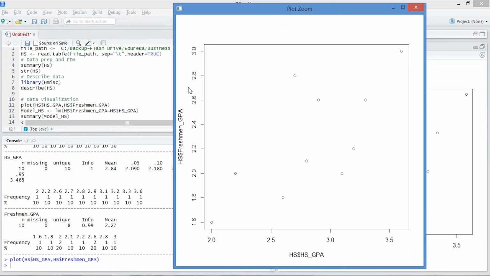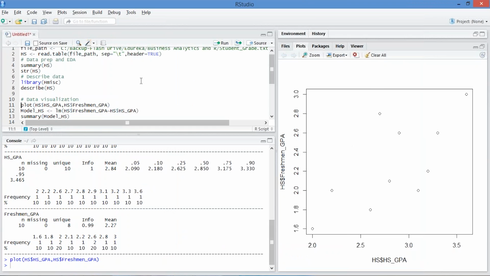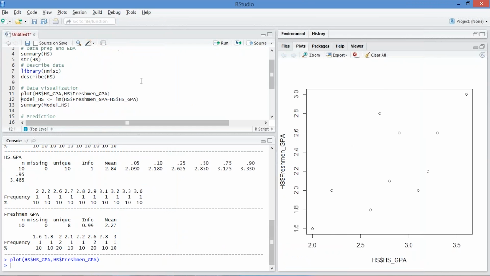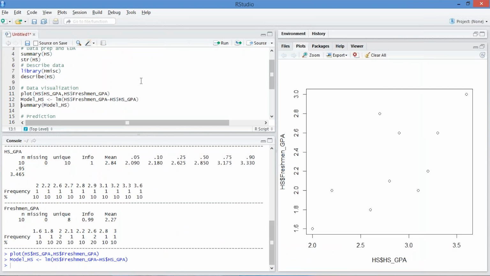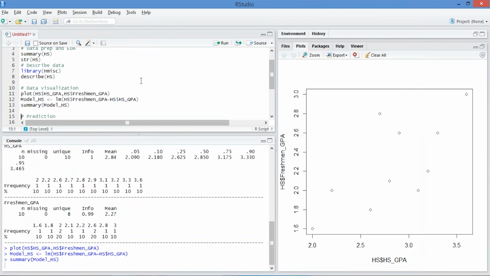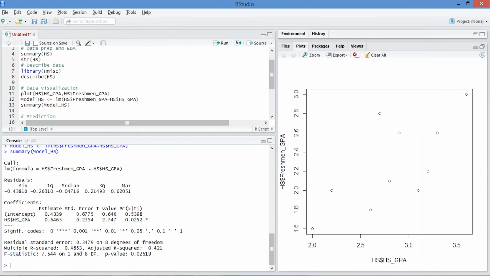I just say what is the x-axis and y-axis, Arpit.